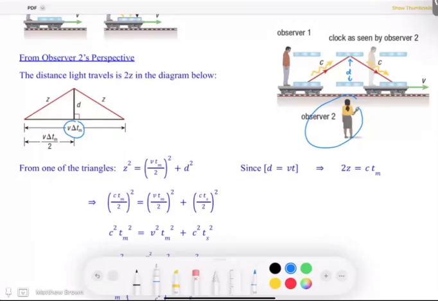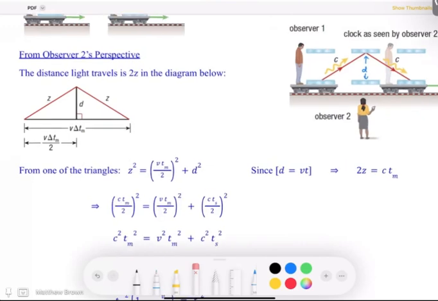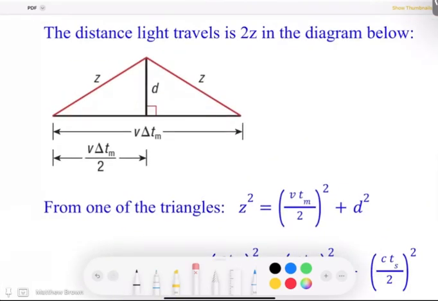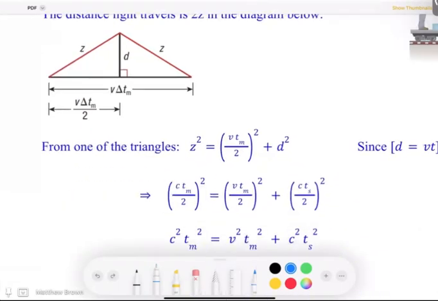So they're measuring the relativistic time for this event, which is for light to go up and down. And then all you got to do is take half of that distance, and we got ourselves a nice right triangle here. And then we can use that right triangle and express that as like Pythagorean theorem. That's all it is right there. Z squared equals (v t_m over 2) squared plus d squared.